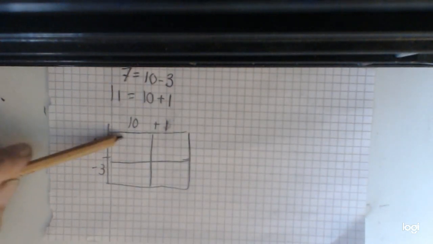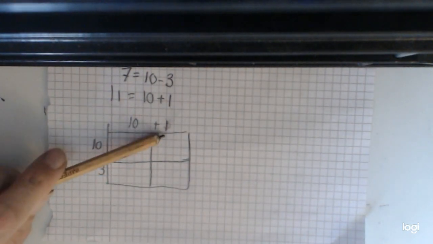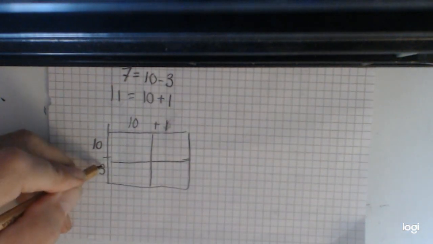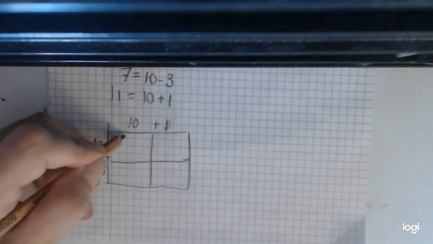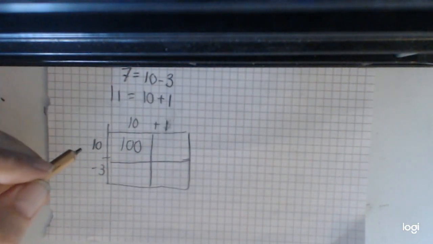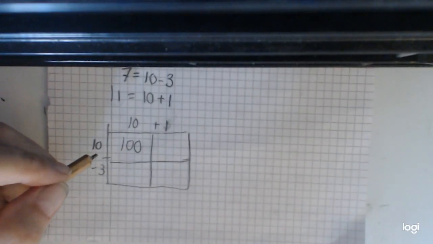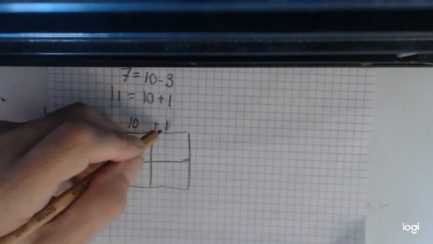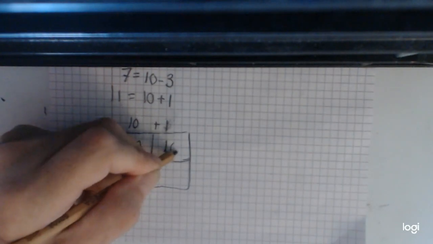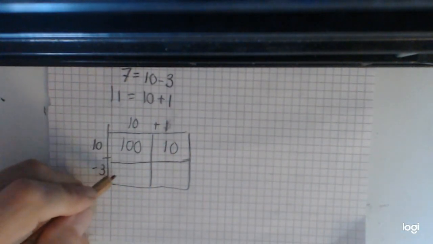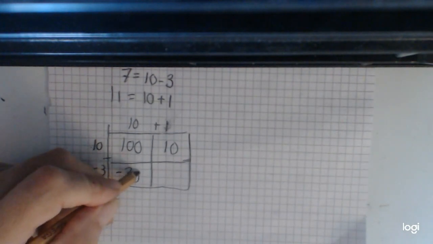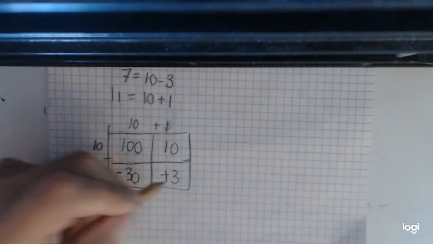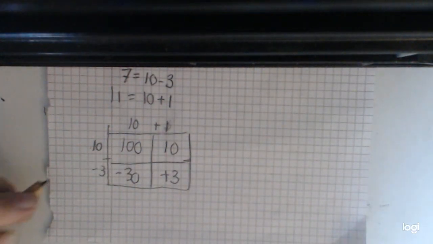You have 10 plus 1, that side. And here you have 10 minus 3. So this will be 100. And here you have 10 multiplied with 1, that's 10. And here we have minus 30, plus 3, minus 3.